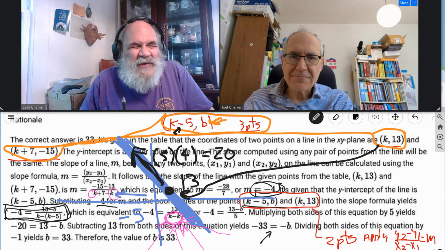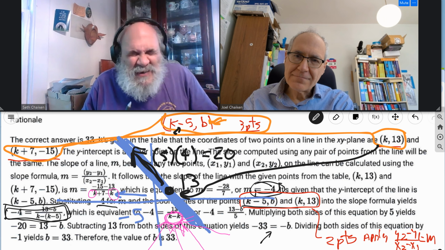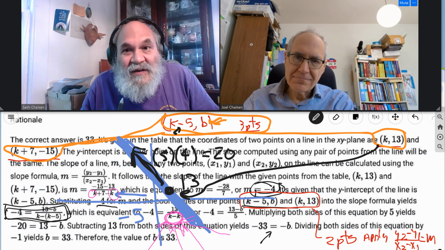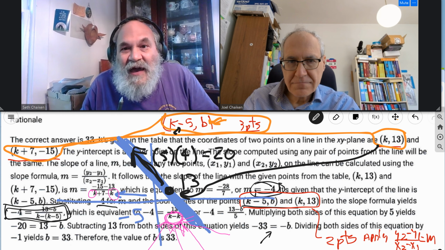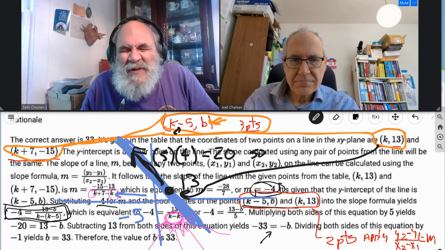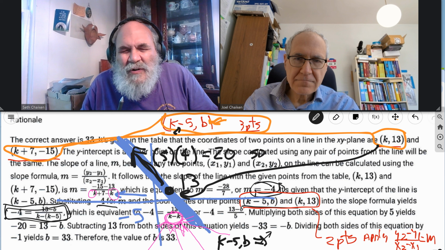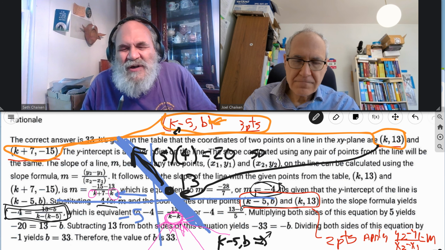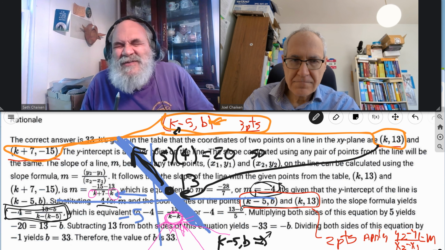So we figured out that b is 33, and it just so happens, with the data that's already given, that the point they're talking about is the y-intercept.